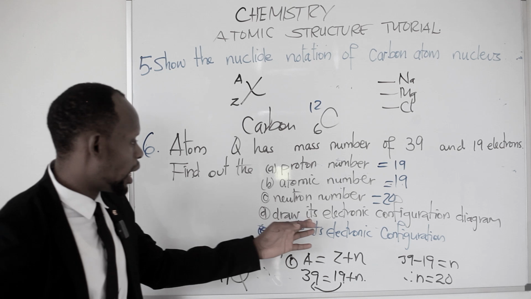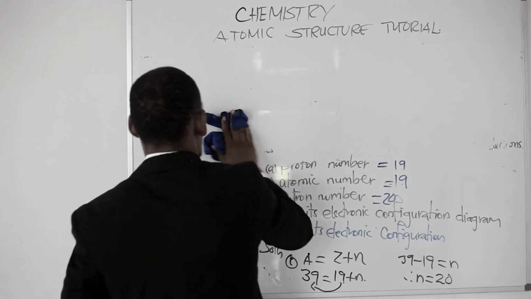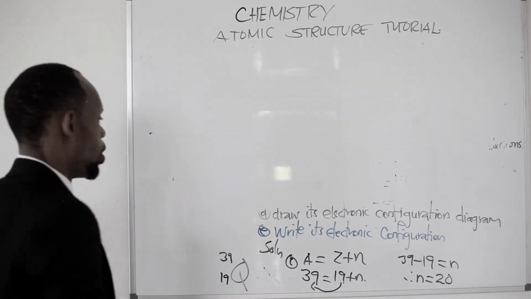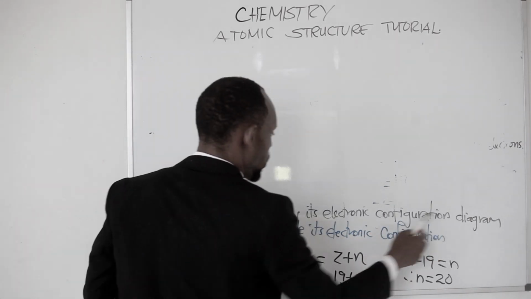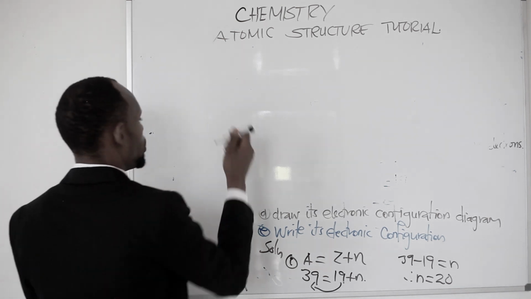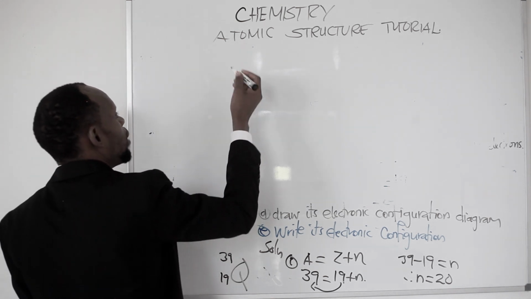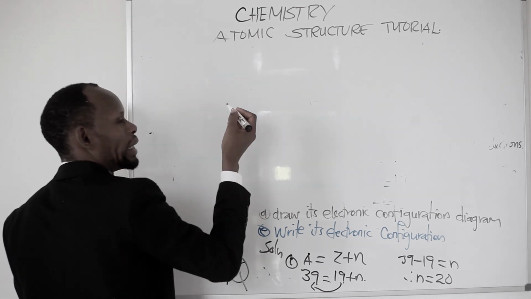Now let us go for the last one. Draw the electronic configuration for atom Q, which has 19 electrons. First of all, we have to know how many electrons. They are 19.